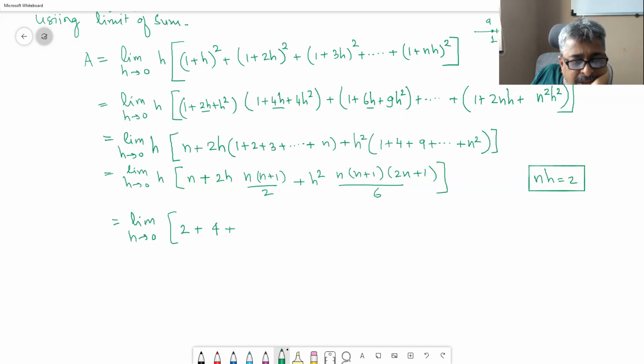Is that right? 2 to cancel, h square n, out of which nh is 2, so 2h. Is this correct? Okay. Plus, now I have h cube n. What is the multiplication of these two? 2n square.